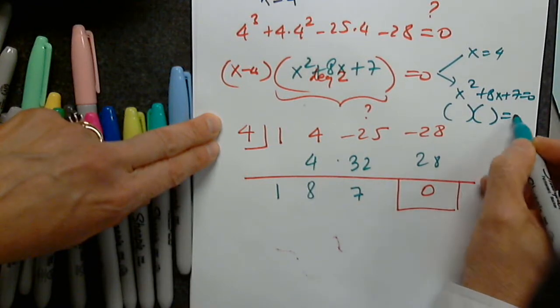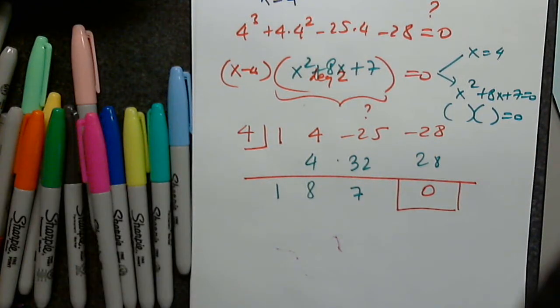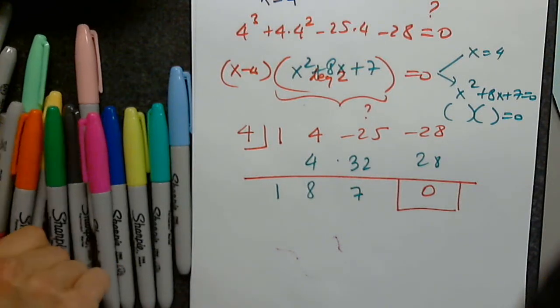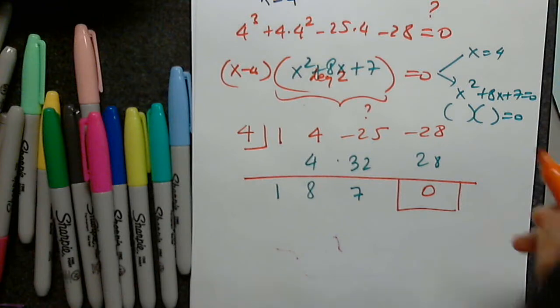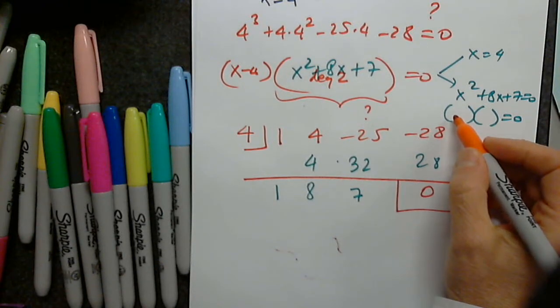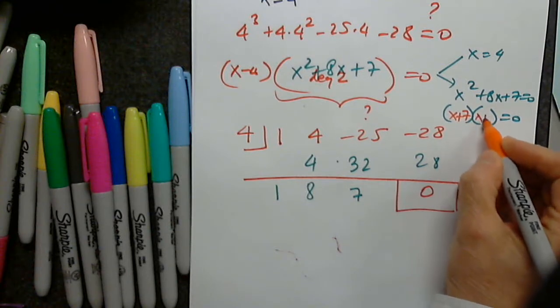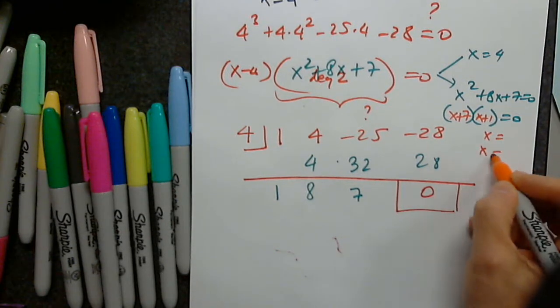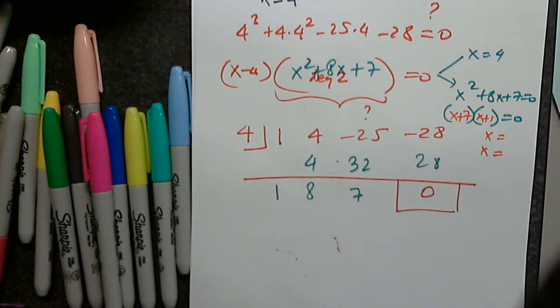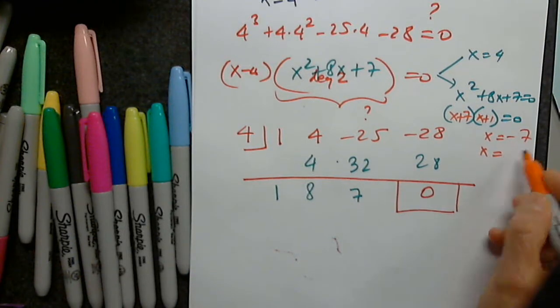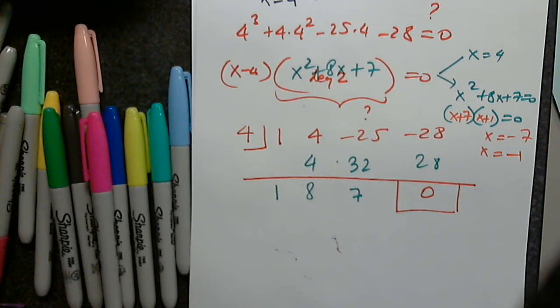I'm hoping that I can factor. Can I factor this? The answer is yes. So the other two solutions are those. Was there anything else that they were asking us to determine here? No. Very good.